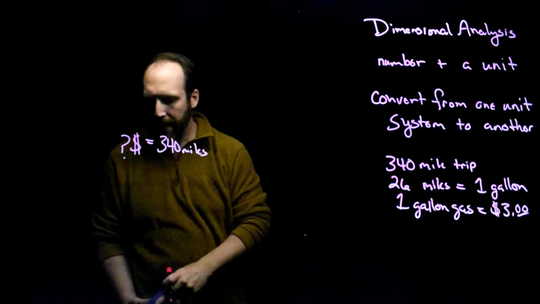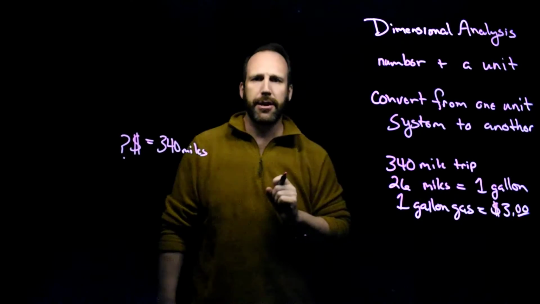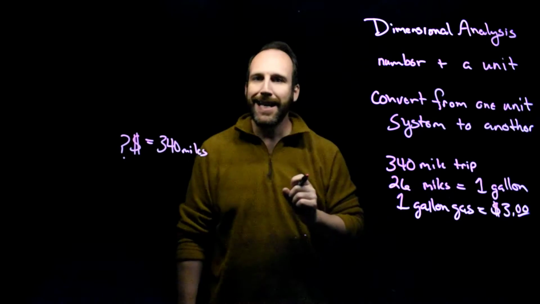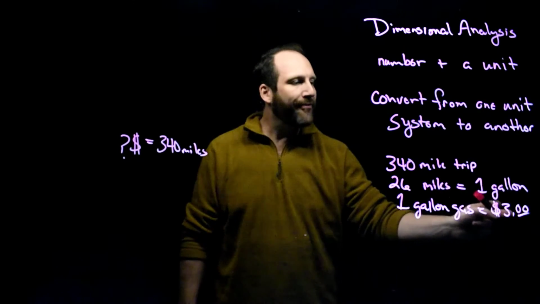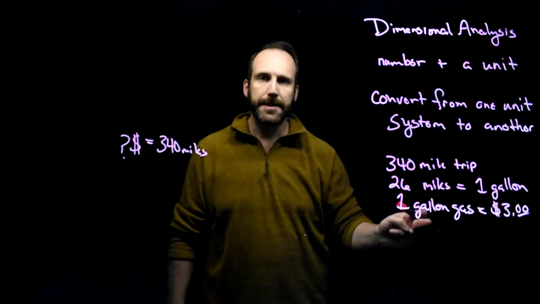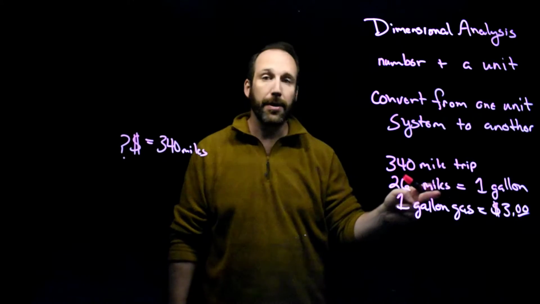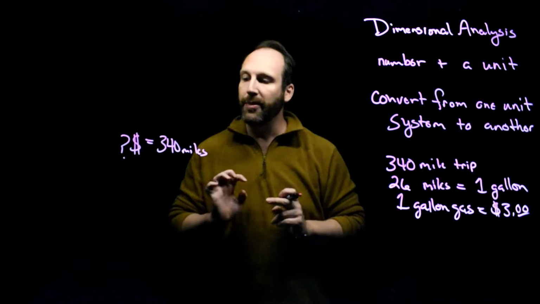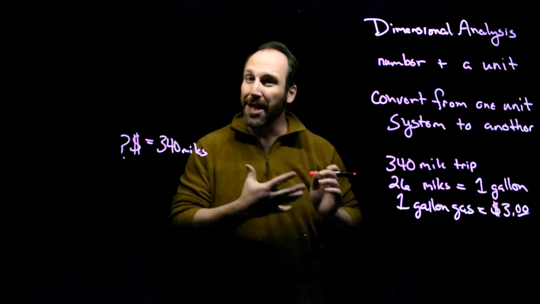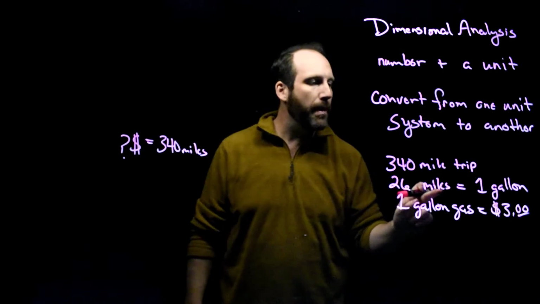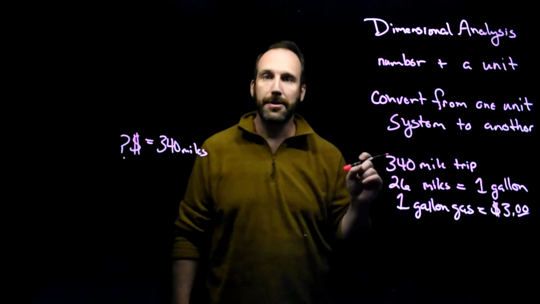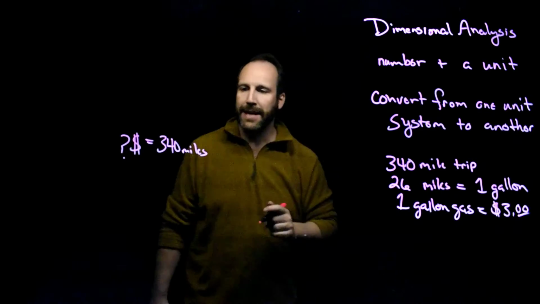And if we look at our facts over here, our equalities, our potential conversion factors, we see there's a pretty easy pathway. We can convert from dollars to gallons and from gallons to miles, right? And that's where we're trying to get to is dollars, where we're starting with is miles. So actually we want to do that in the reverse. We want to be able to convert from miles to gallons and then from gallons to dollars, all right? So let's give that a try.